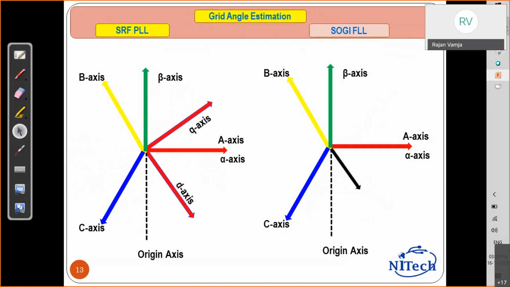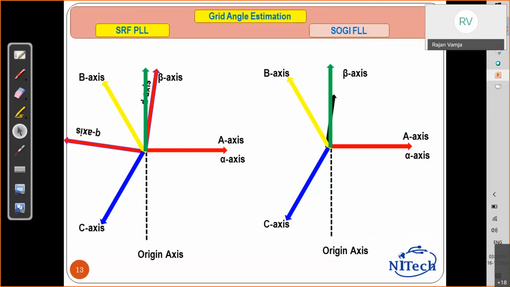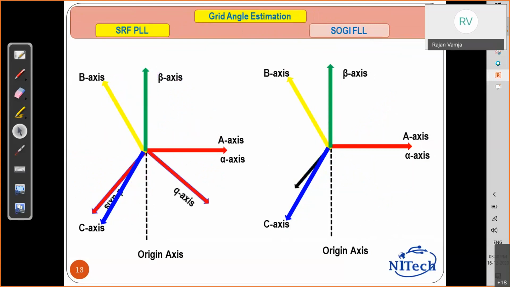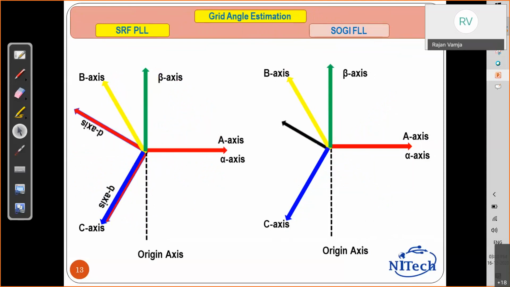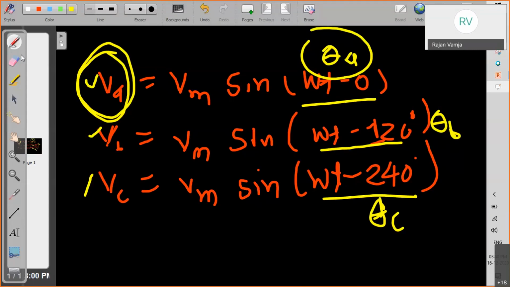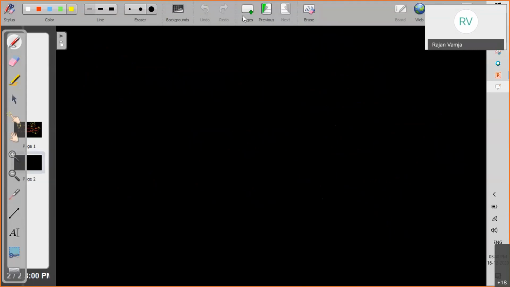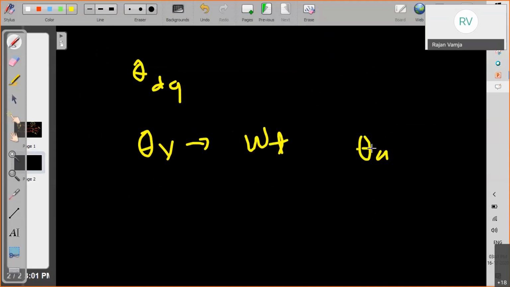Our vector is rotating and the d axis is also rotating at the same speed, theta v. This theta v is nothing but omega t. That is our theta a, that is nothing but our angle of VA.